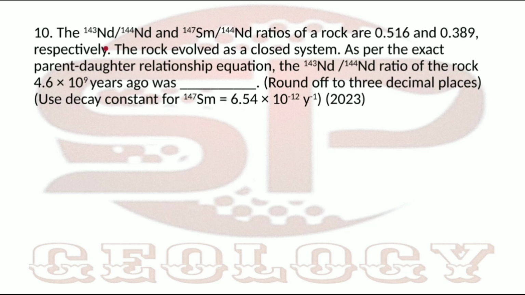Then comes the Nd 143 by Nd 144 and Sm 147 by Nd 144 ratios, given as 0.516 and 0.389 respectively. The rock evolved as a closed system as per the exact parent-daughter relationship equation. The Nd 143 by Nd 144 ratio of the rock 4.6 into 10 to the 9 years ago was the initial ratio of Nd 143 to Nd 144. So I have to write the equation.